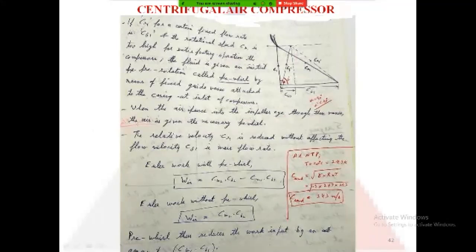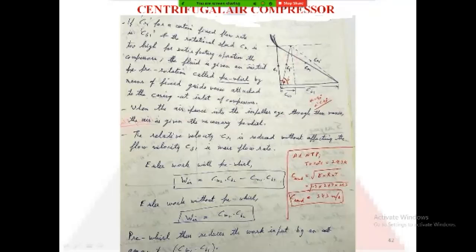Now, if I reduce this angle from 90 degrees to alpha dash, this angle is now less than 90 degrees. So you can see that for C1, the absolute velocity at inlet, the direction changes, and the absolute velocity at inlet is increasing, but the relative velocity at inlet is getting smaller.